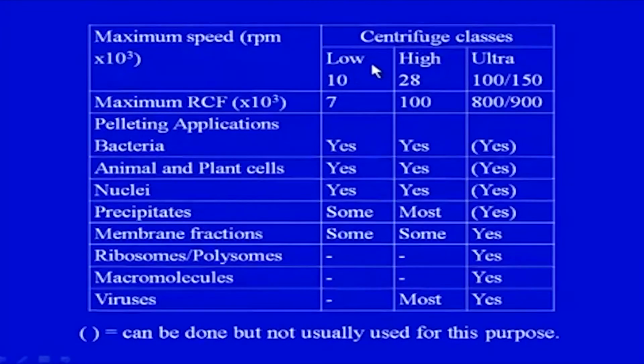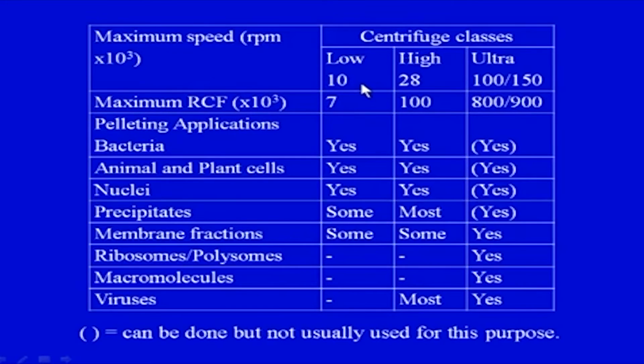So, there could be various kinds of centrifuges for various kinds of applications with a lot of flexibility. In terms of speed, that is revolutions per minute, and the maximum relative centrifugal field which could be reached, centrifuges can be classified into low speed, high speed and ultracentrifuges.